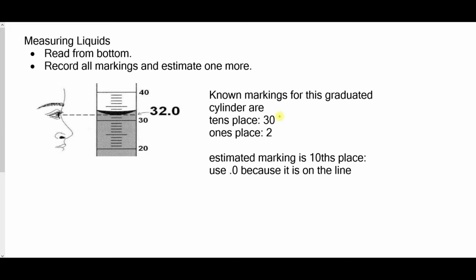Then we look, and each mark in between 30 and 40 represents 1 milliliter. So we're at 2, so we know we have 32. Then we look between those. This happens to be right on the line, so for the tenths place we use a 0. So we have our known markings, the 30 and the 2, and then we've estimated the tenths place.